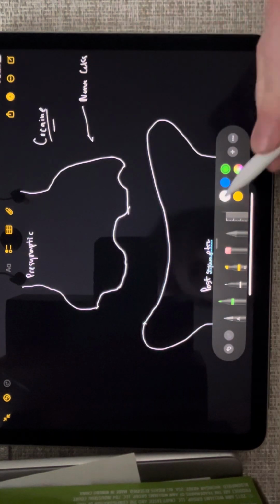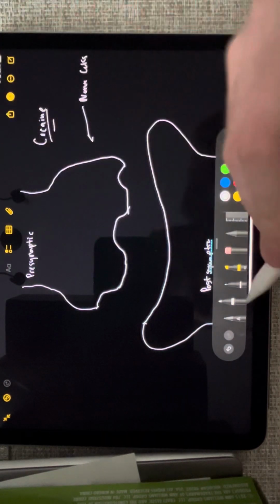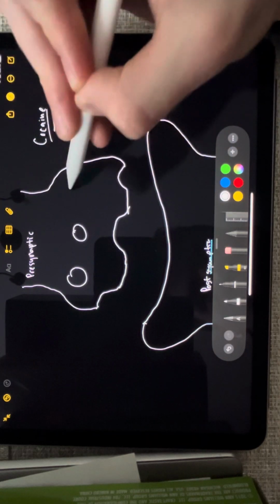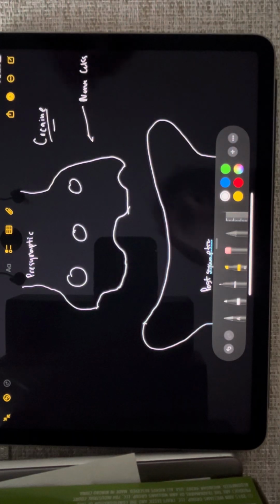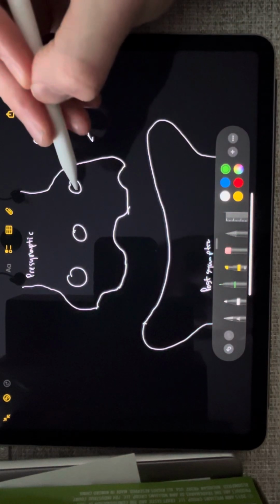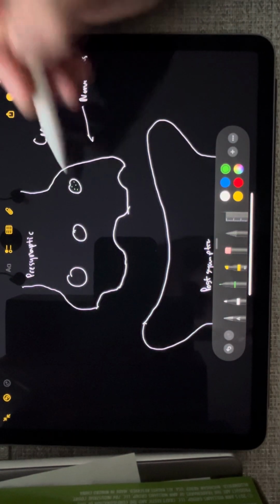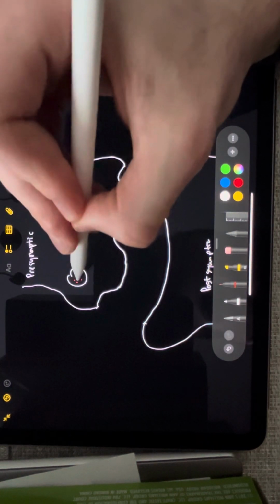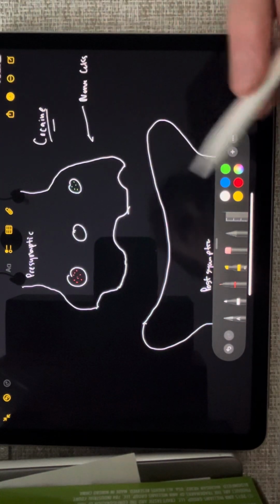So we have some vesicles within the cell that are going to contain different proteins or different types of ligands and communication devices that the cells can use.